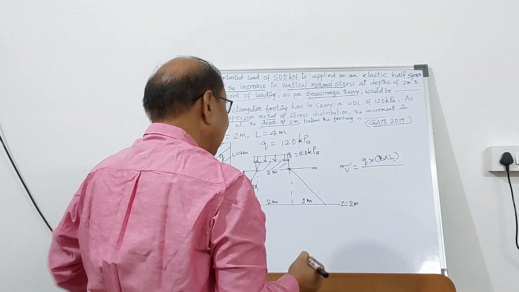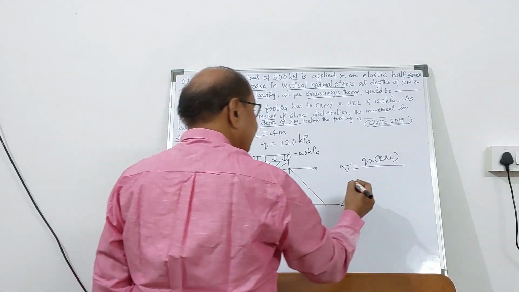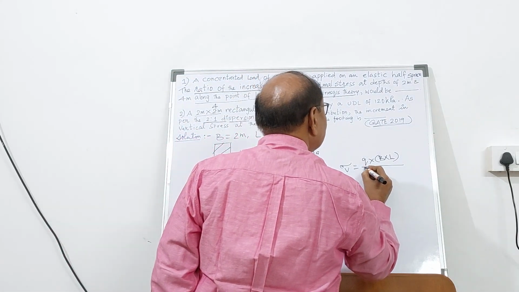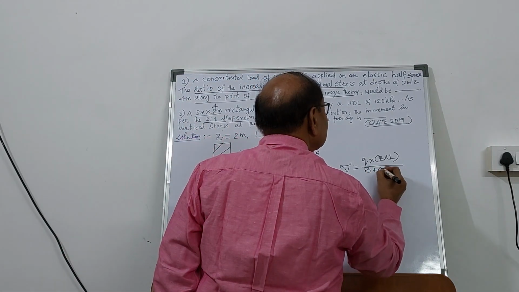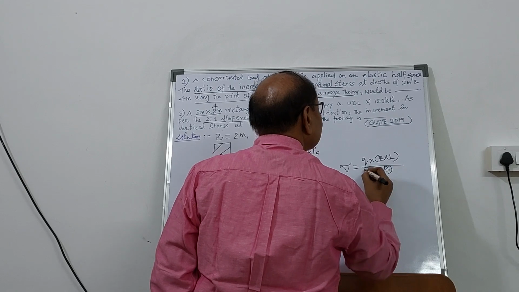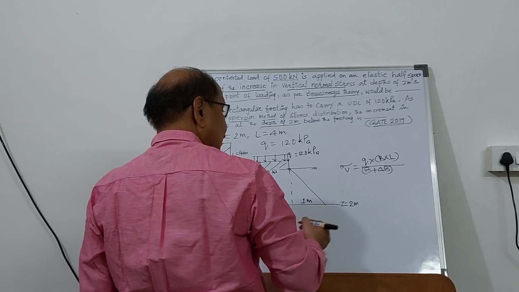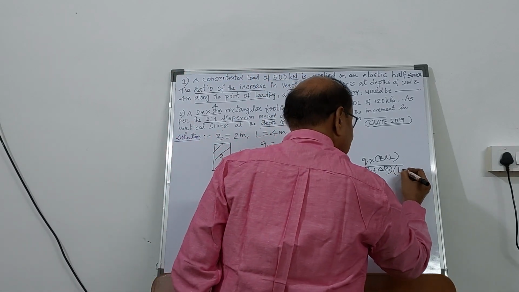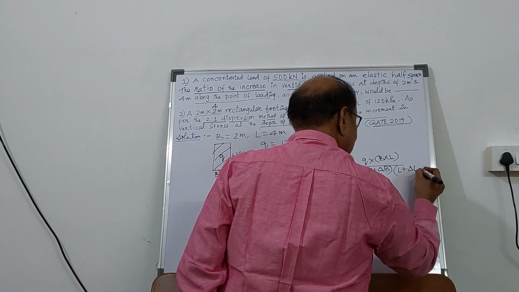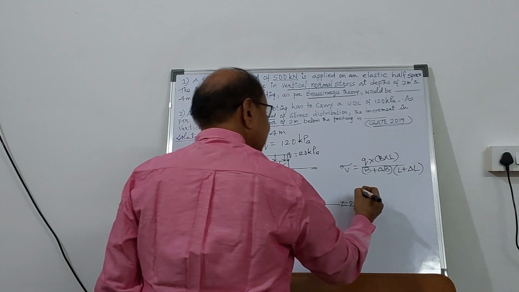So at 2 meter depth, B becomes 4 meter. So B plus delta B at 2 meter, what is the increase, and L plus delta L, what is the increase in this.